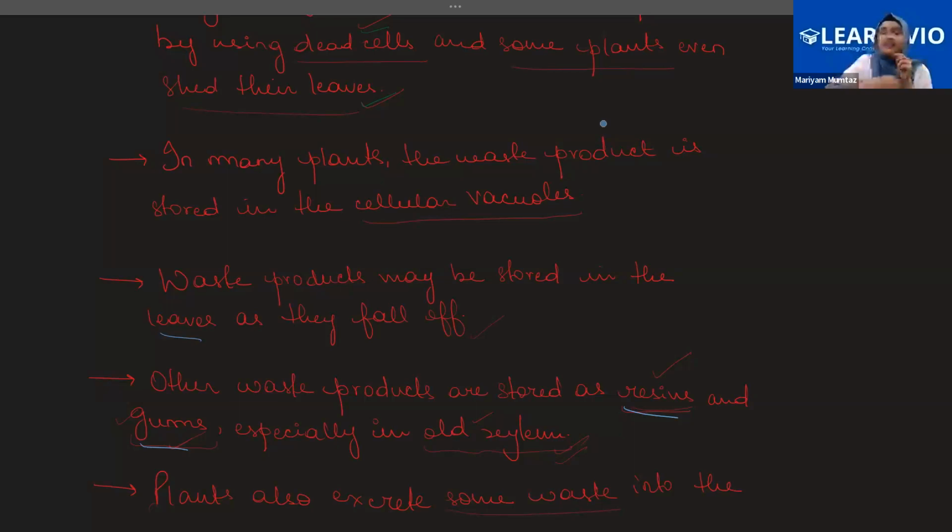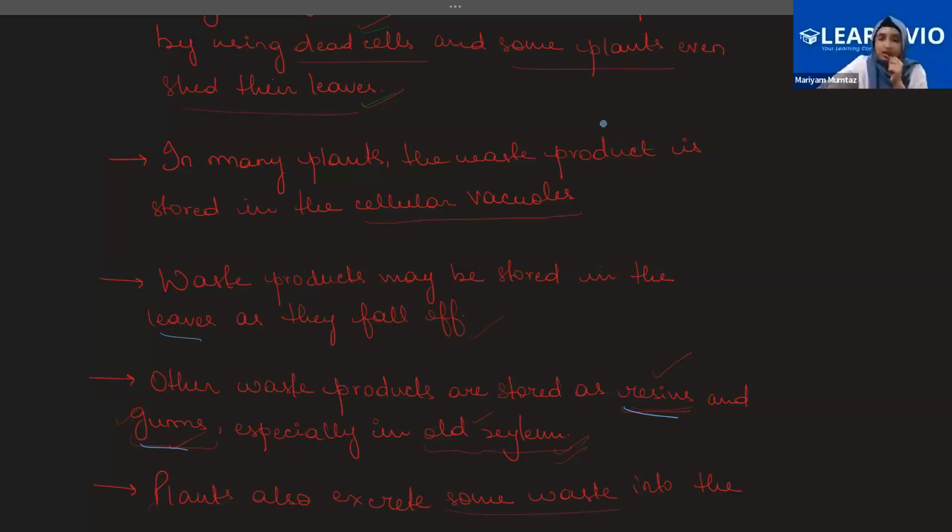Now, waste products may be stored in the leaves as they fall off. Again, the waste product that the plant does not require can be stored in the leaves, and when the leaves fall off, the waste product would also fall off along with that.